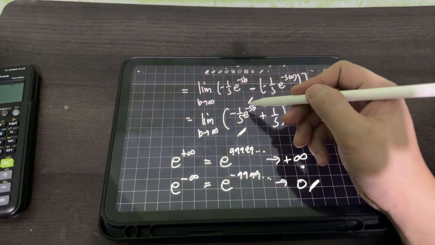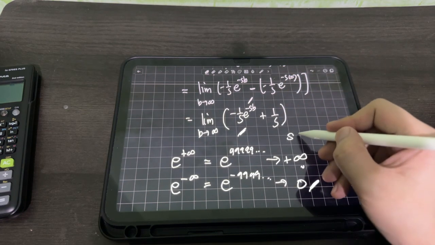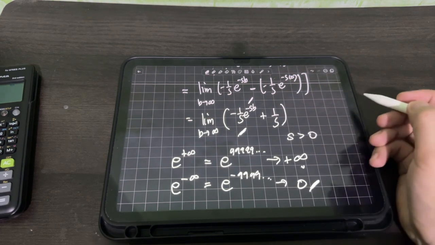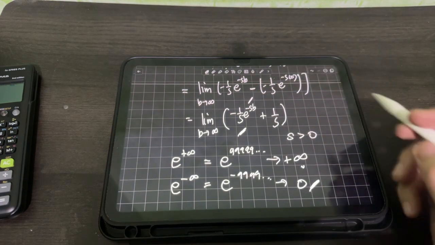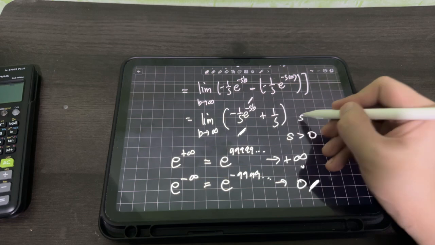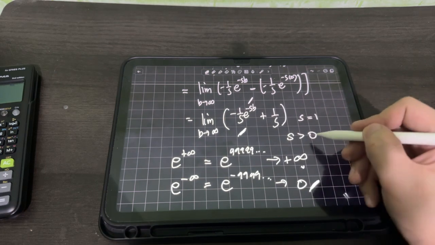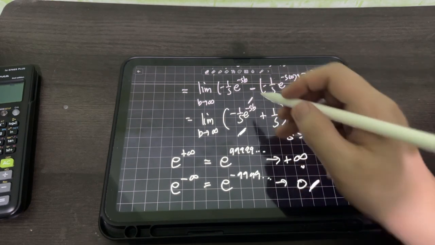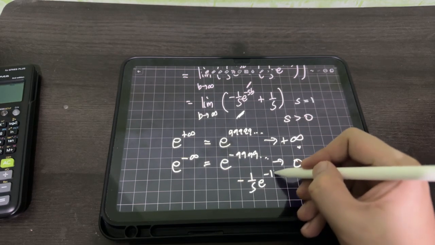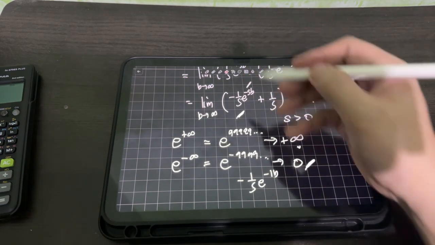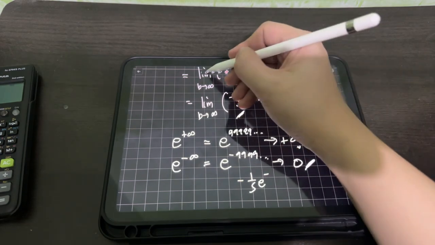This will happen if you set s greater than 0, if s is positive. Let's say you assign s equal to 1, which is greater than 0. You will have negative 1 over s e to the negative 1b, or simply negative b.